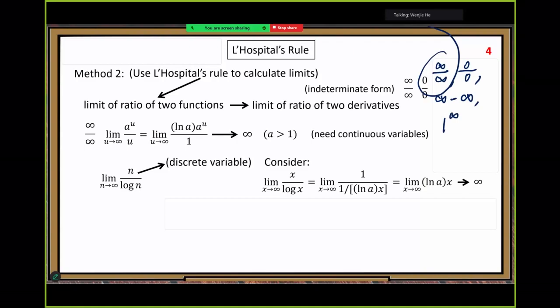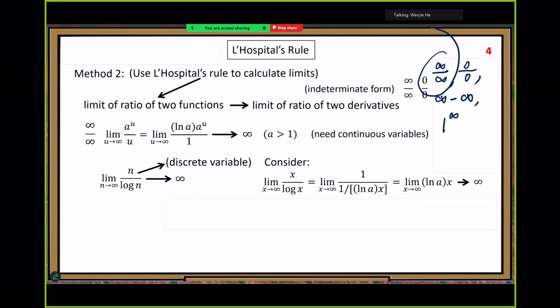Can we come back to say the original limit is also infinity? Now we want to get back to our original limit to make the final conclusion. Based on that, we want to say this is also infinity.